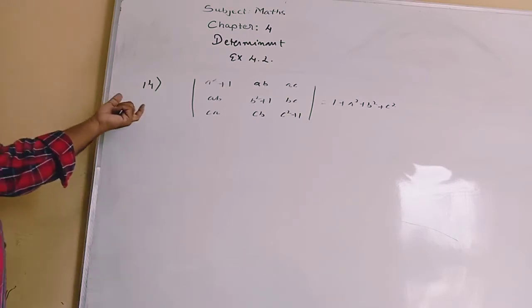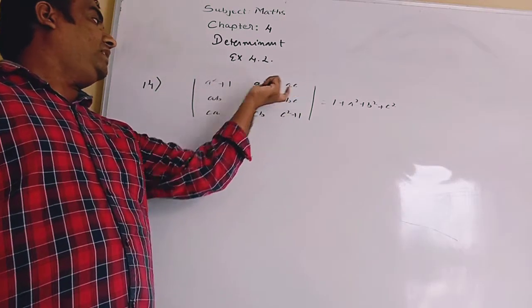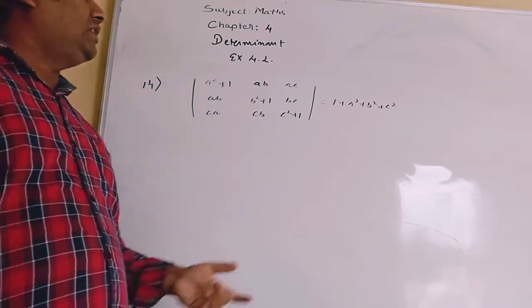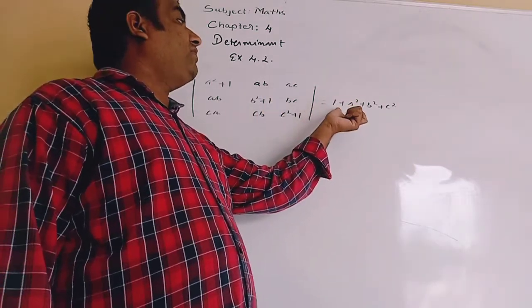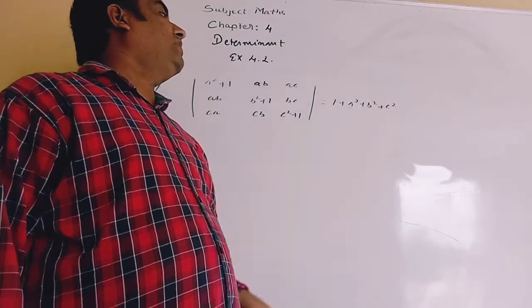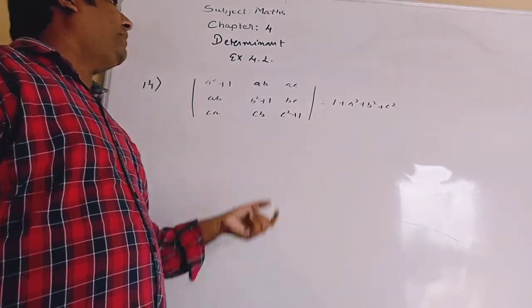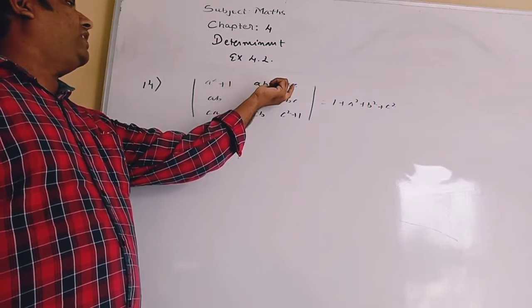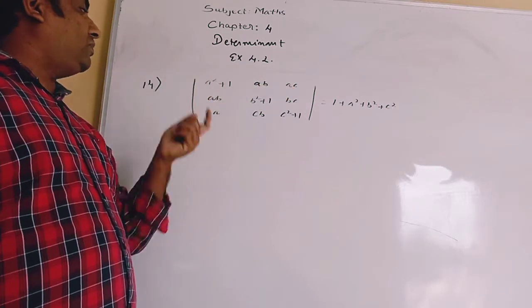Now we have question 14: the determinant with rows a² + 1, ab, ac; ab, b² + 1, bc; ca, cb, c² + 1. Then we have to get the answer 1 + a² + b² + c². So here b and c we want separate, but here a is there. So to separate the a, we take out a from the first row.